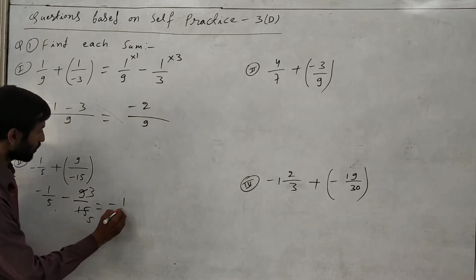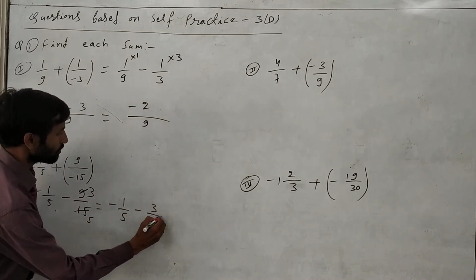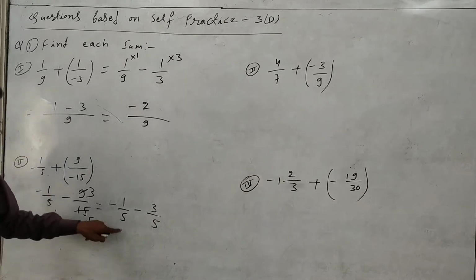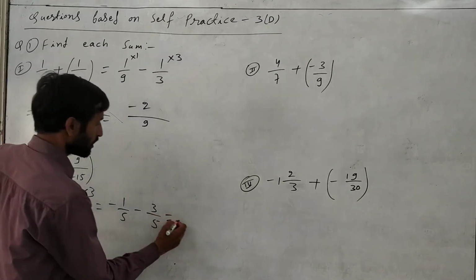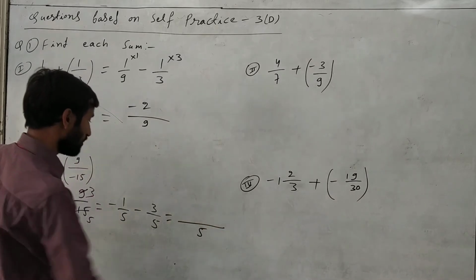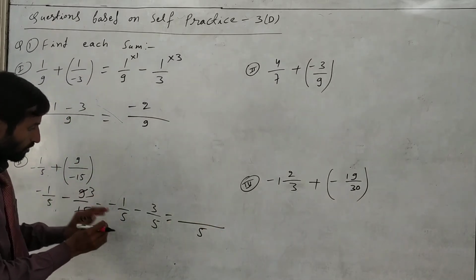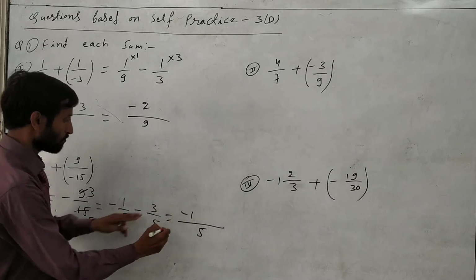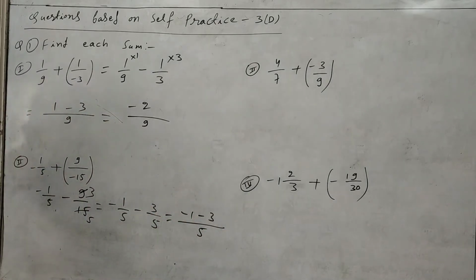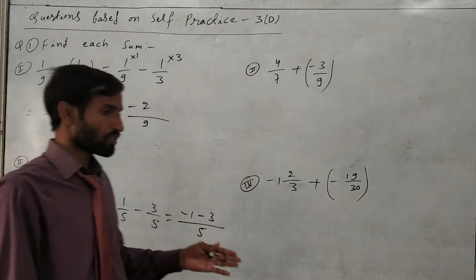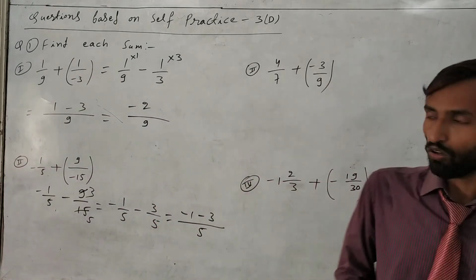After that, minus 1 upon 5 and minus 3 upon 5. Next, take the LCM. Both denominators are the same, so there is no need to take more; just write down 5. Now write down as it is: minus 1 here and minus 3 here. Sometimes students will do subtraction, but it will not be subtraction.